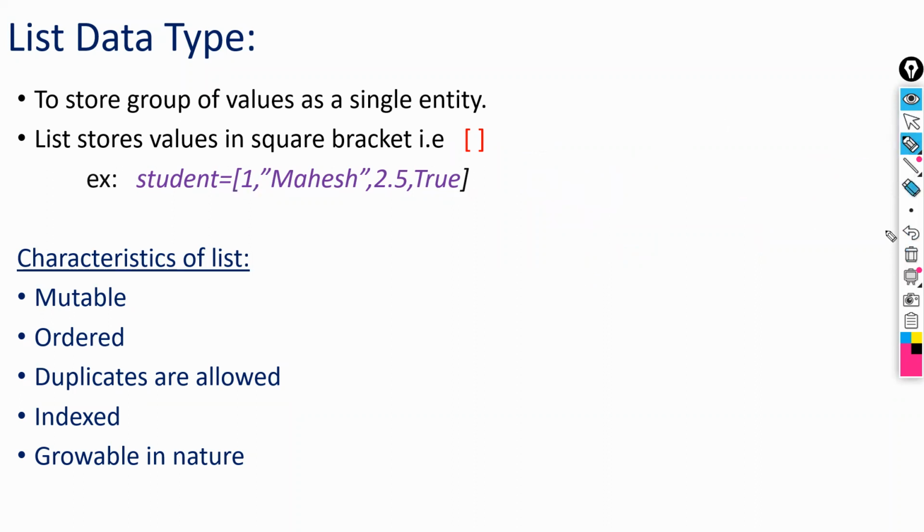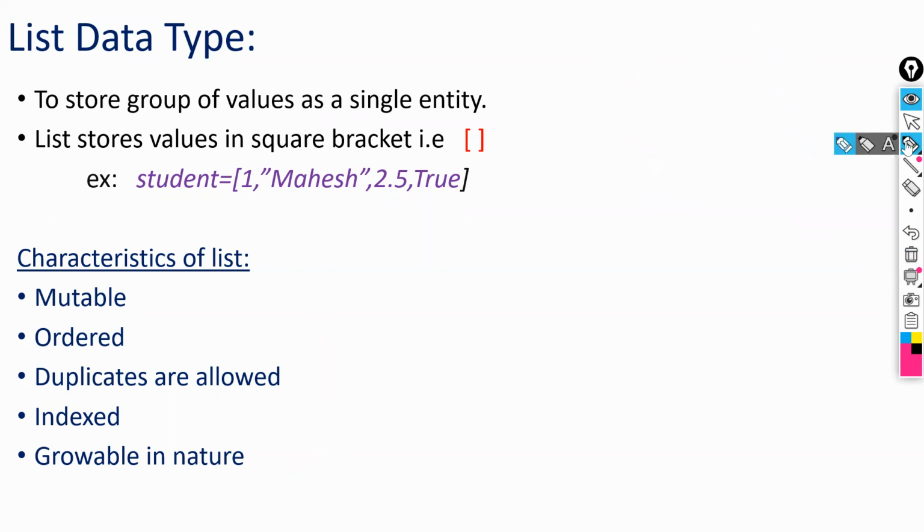And what are the characteristics of a list? The difference between set, list, and tuple: already I gave one difference, that is the way they are represented. This is the list, this is the tuple, and this is the set.